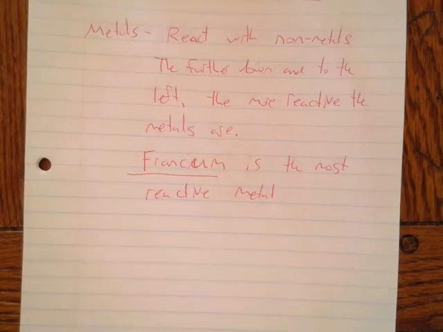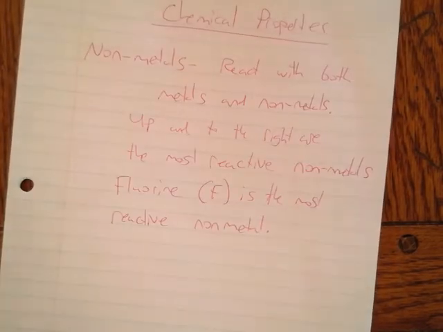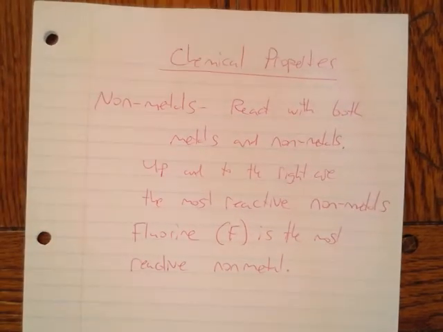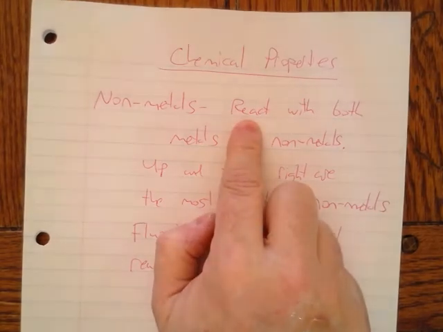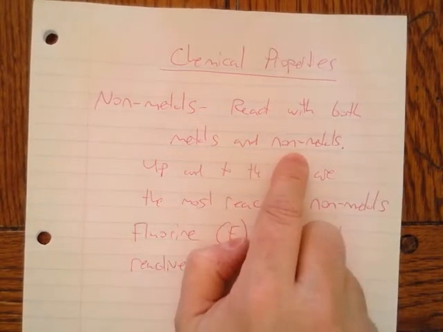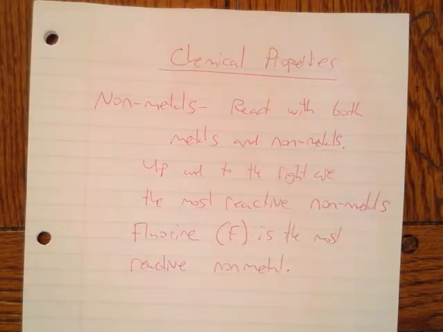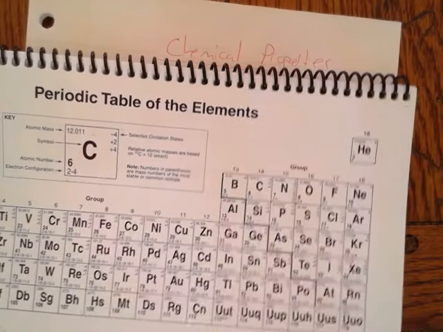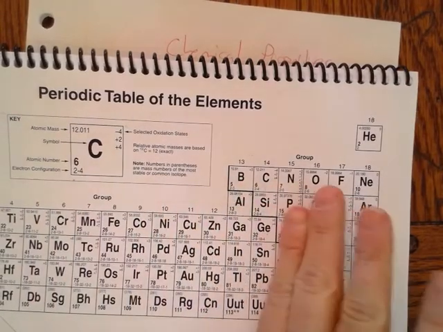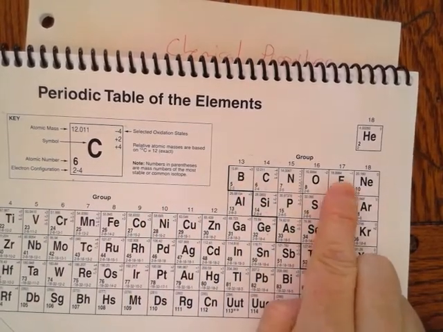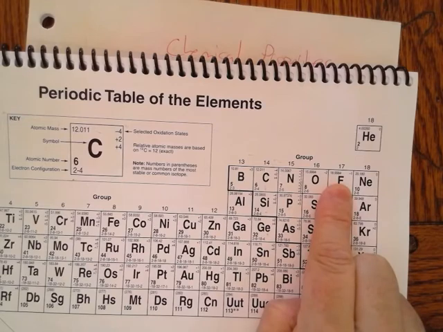The nonmetals are a little bit different because nonmetals react obviously with metals, but they react with both metals and nonmetals. And their reactivity goes in the other direction. The most reactive nonmetals are further to the right and up. So fluorine is the most reactive nonmetal.